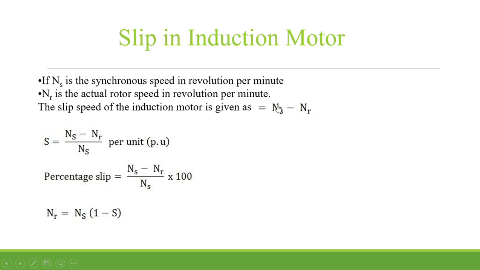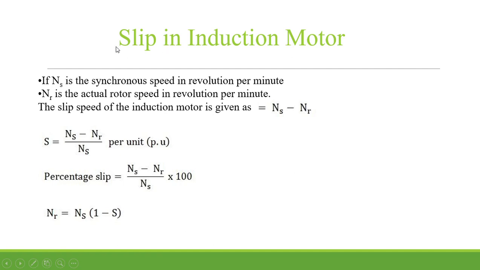This is the speed of the rotating magnetic field, and this is the speed of the rotor. Now slip will be given as Ns minus Nr divided by Ns in per unit, and for percentage slip we will multiply this by 100. So by this, if you try to calculate Nr, you will get Nr as Ns into (1 minus s).